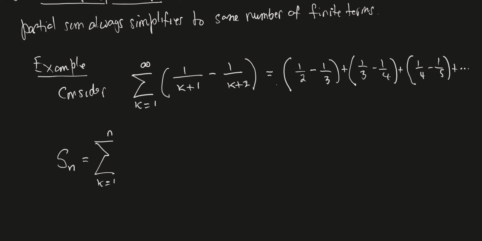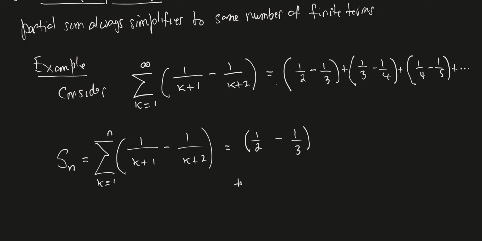The sum is the same, 1 over k plus 1 minus 1 over k plus 2. So let's write these down, but let's list them vertically. I'm going to list the terms in parentheses. The first term is the same expression I have right there. It's 1/2 minus 1/3.